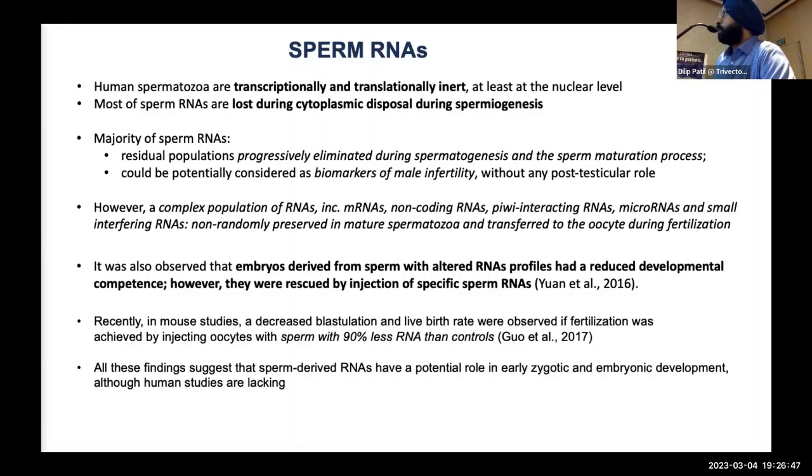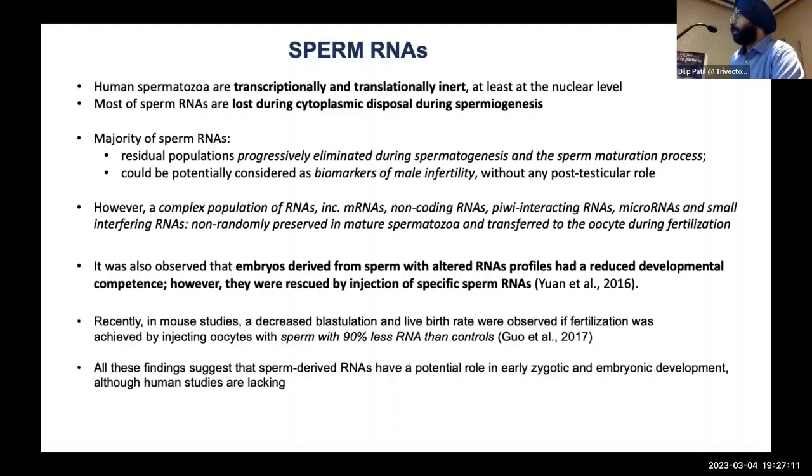However, a complex population of RNAs, including mRNAs, non-coding RNAs, and microRNAs, are non-randomly preserved in mature spermatozoa and transferred to the oocyte during fertilization. It was observed that embryos derived from sperm with altered RNA profiles had a reduced developmental competence. However, they could be rescued by injection of specific mRNAs. Obviously, these are all animal studies.